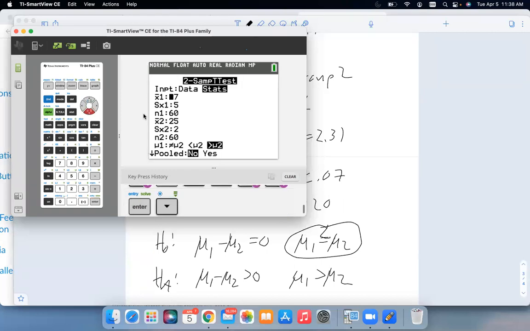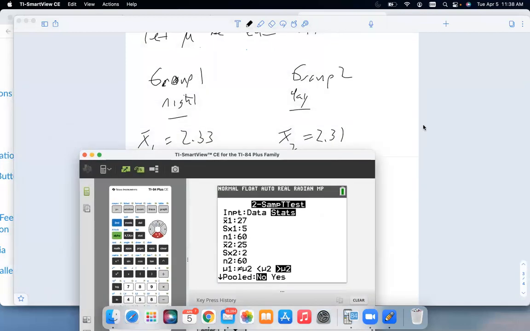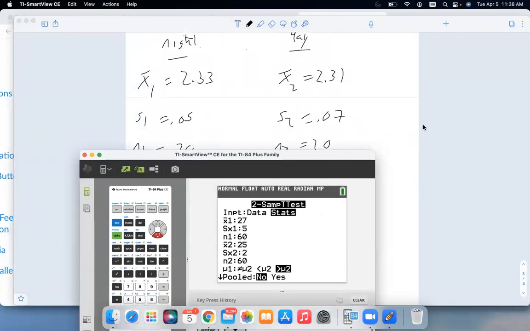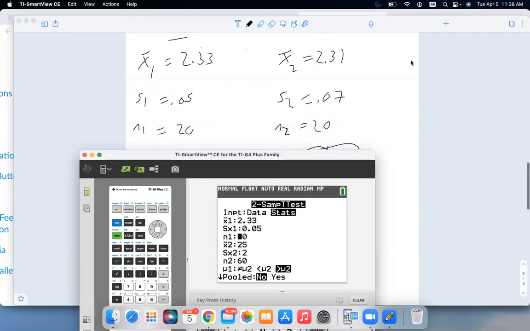We know all these sample statistics, so we just type them in: 2.33, 0.05, and 20, 2.31, 0.07, and 20. And then the alternative we wrote was greater than.